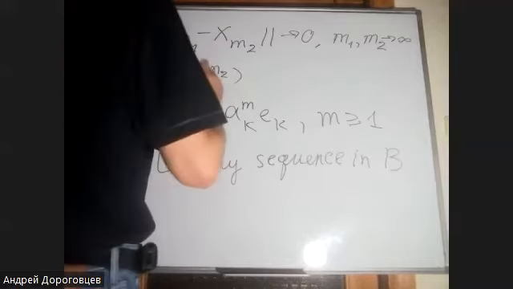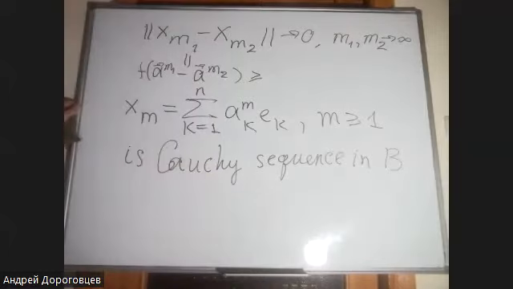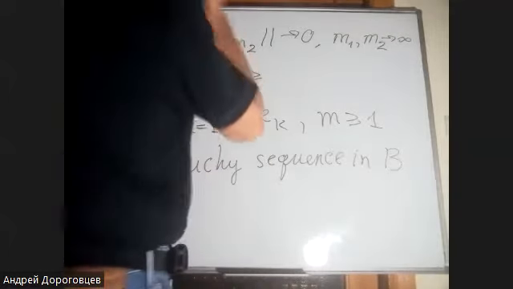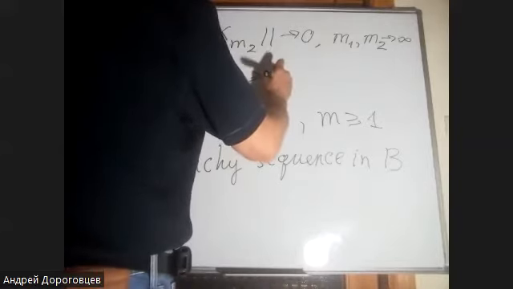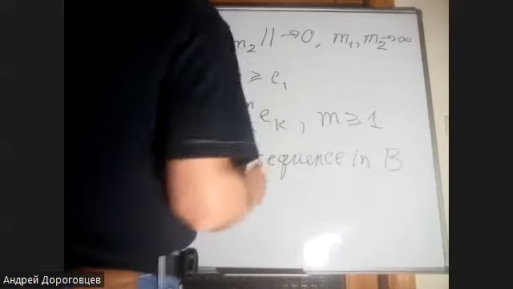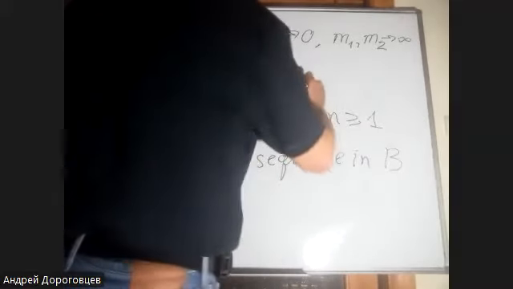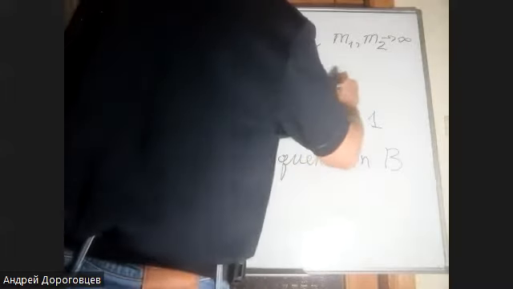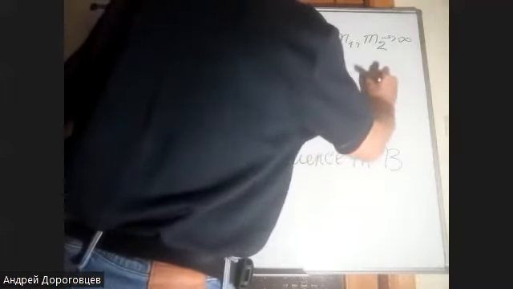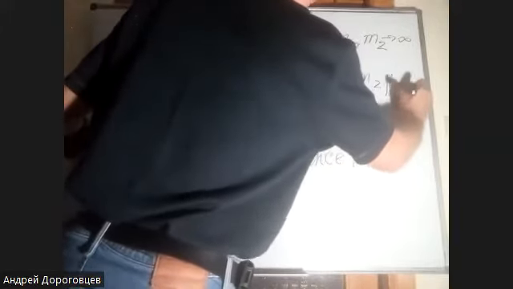But this is greater or equal than C1 multiplied by the norm of a^m1 minus a^m2, here I put n.